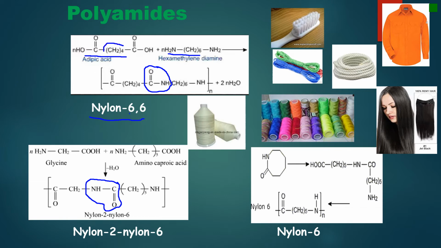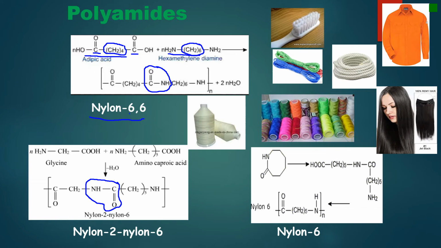These are 4 carbons plus these other 2 we have here. So there are 6 carbons. When you check the diamine, we also have 6 carbons. So the polymer that results from this combination is nylon 6,6.